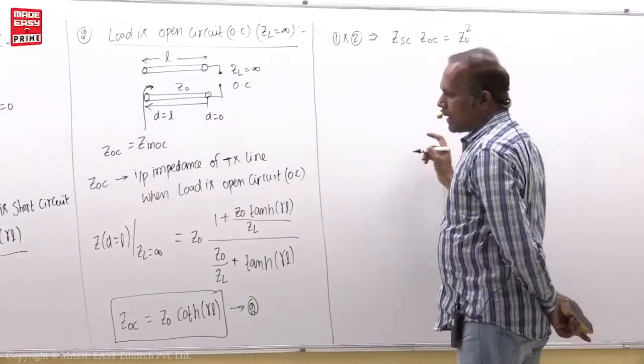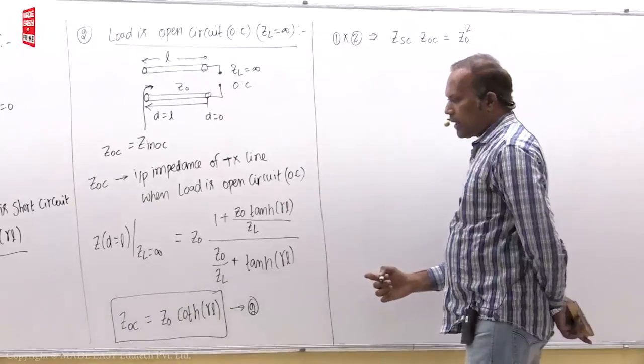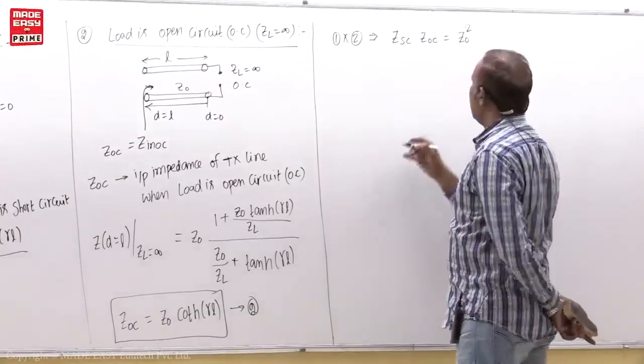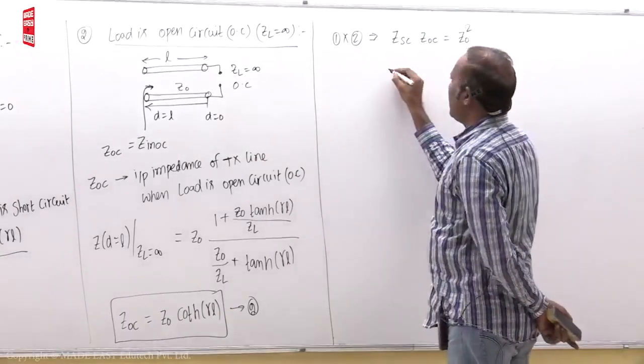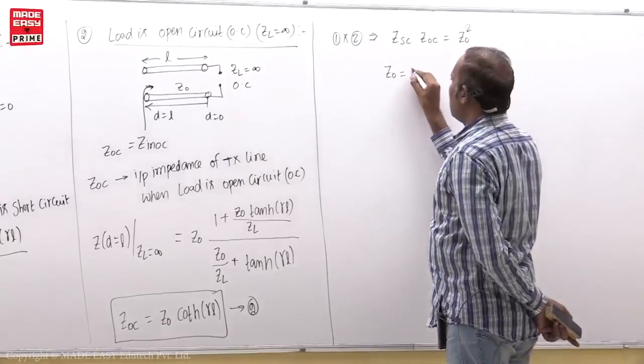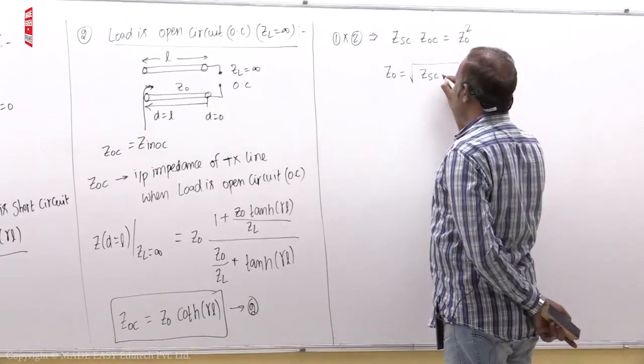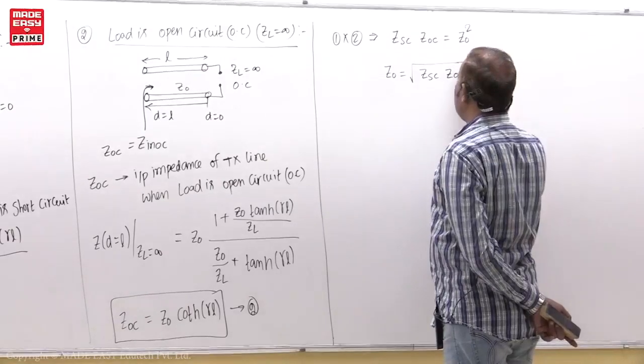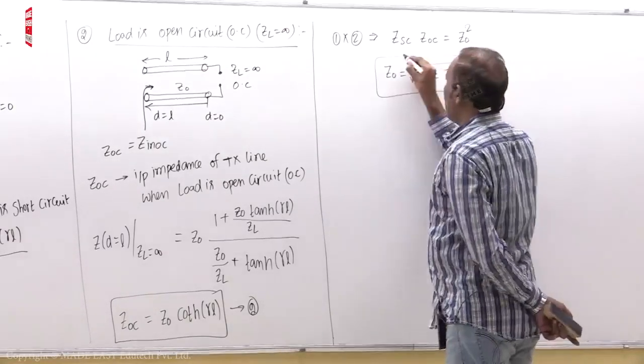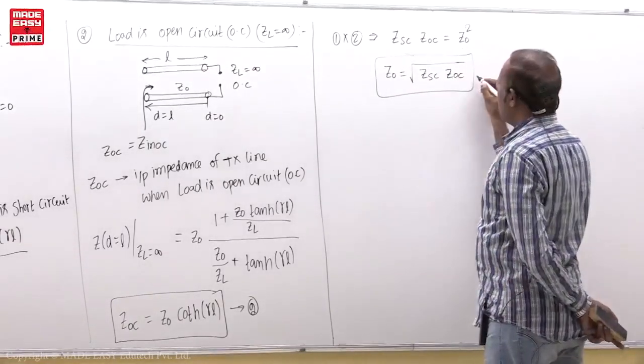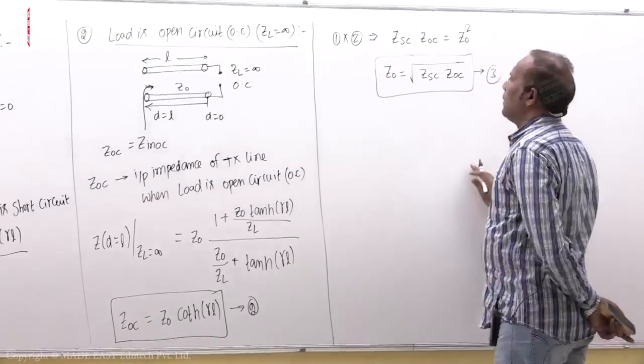Then tanh(γL) and coth(γL), which is 1 by tanh(γL), cancel. Ultimately, the characteristic impedance is equal to the root of ZSC times ZOC. This is an important formula you get in objective questions. So this is equation 3.